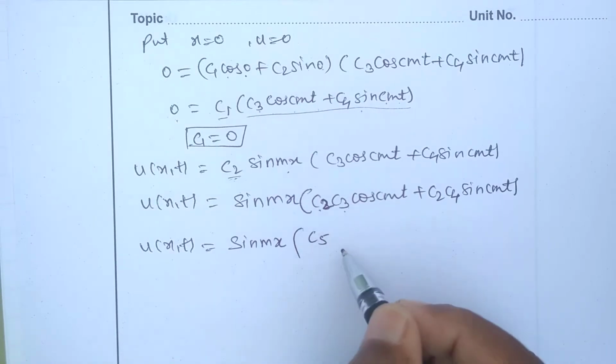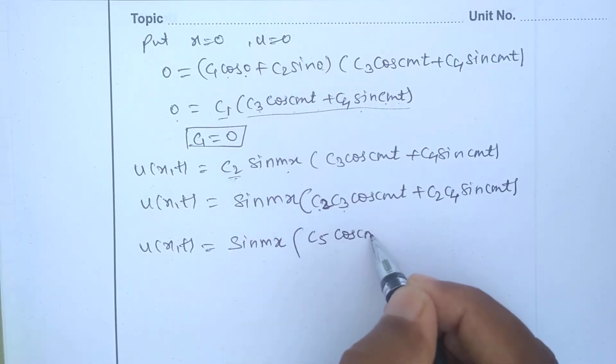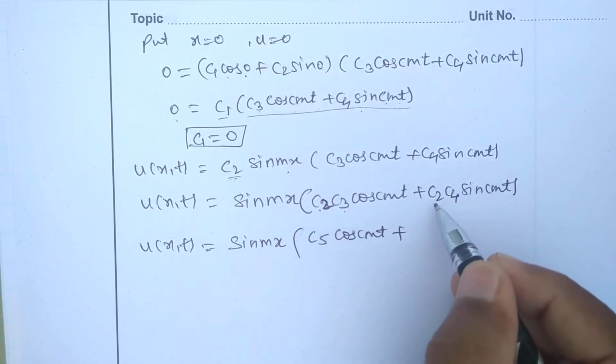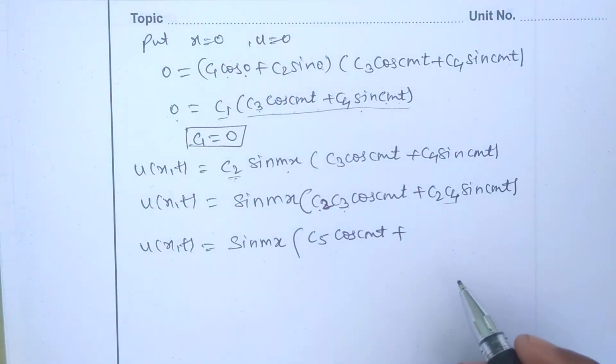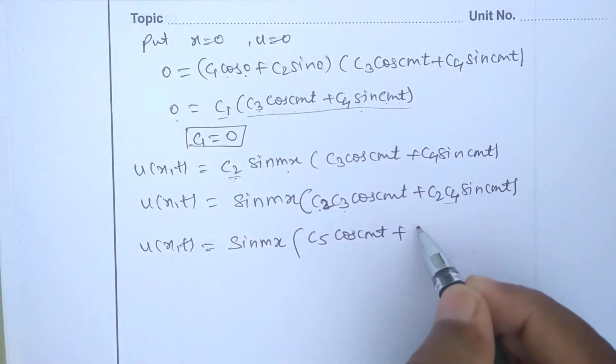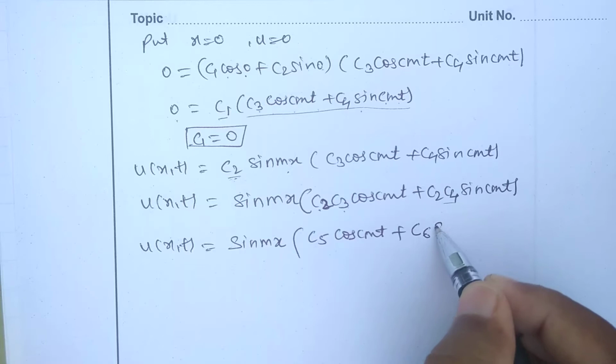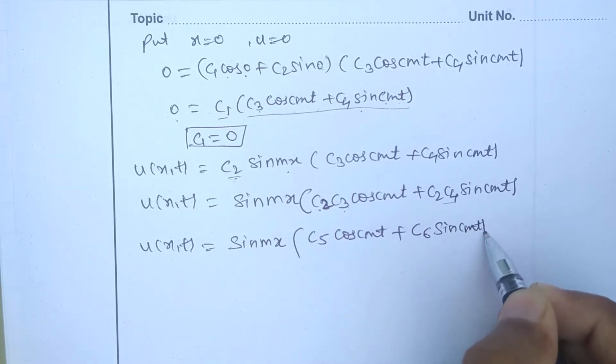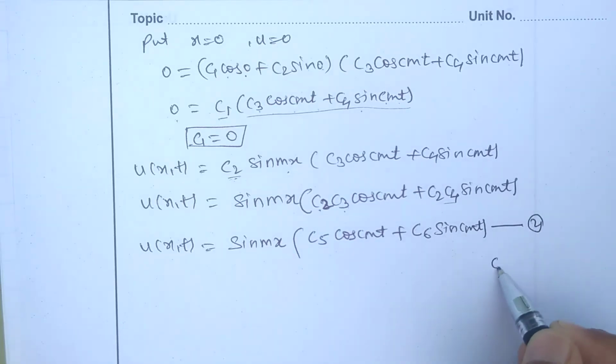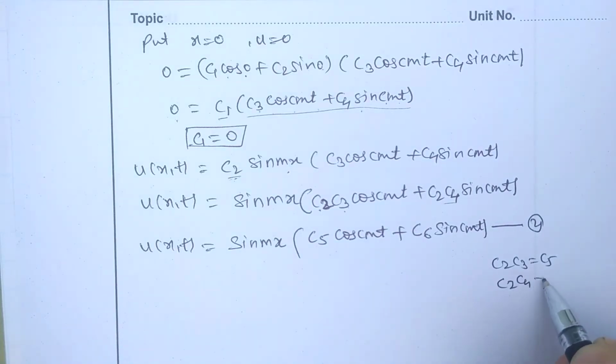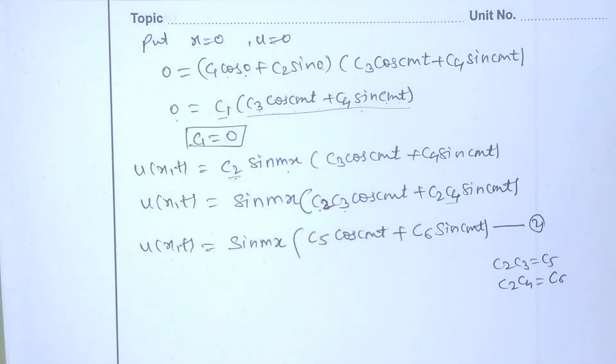We can say it is c5 cos cmt plus, same here, c2 into c4, which we can write as c6 sin cmt. Here we use c2 into c3 is c5 and c2 into c4 is c6. This is equation number 2.